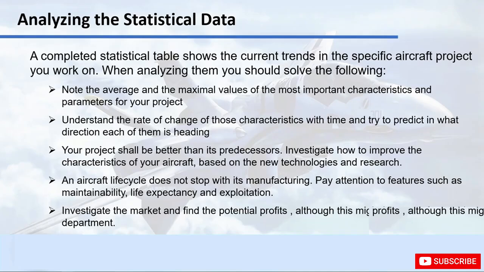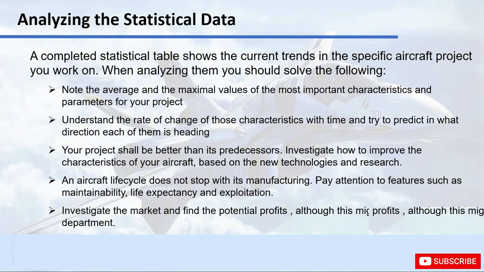So let's say if the range of all the 3 aircraft that we put in our statistics is the same, this means that probably our range should also be similar to the one that the 3 previous aircraft have, or better. Of course, we always need to investigate how we can improve the capabilities of the aircraft that we're designing to be better than the previous ones.